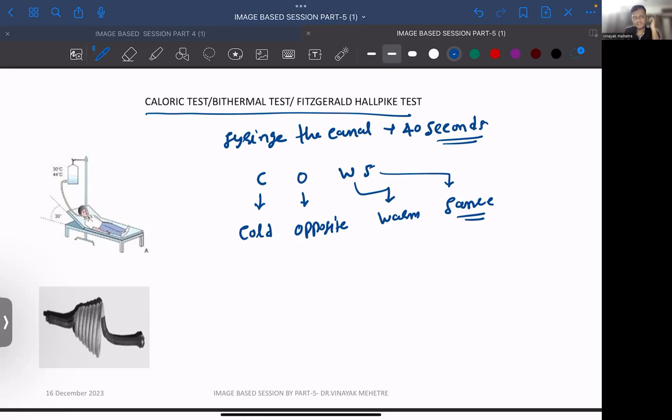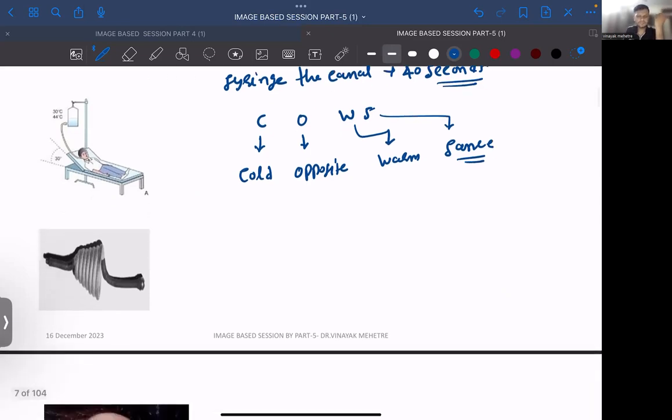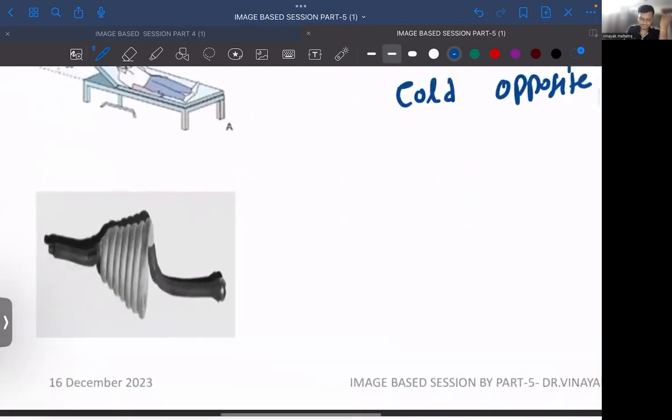Reason being, if the tympanic membrane is perforated, the water can go into the middle ear, and from there into the eustachian tube, and we can even see that water in the nasopharynx. So in this condition we will use air, not water, by using this instrument.